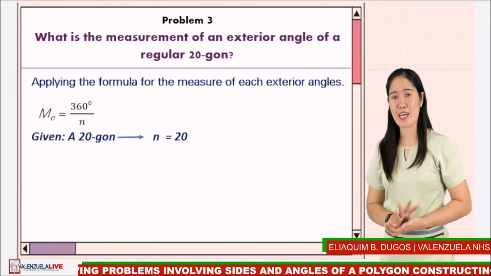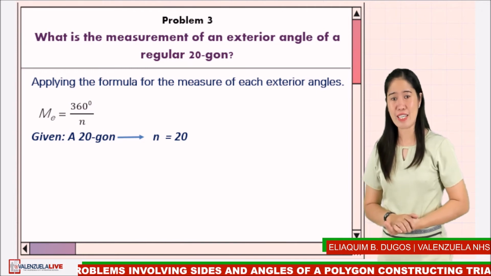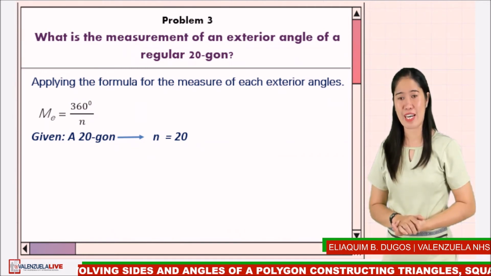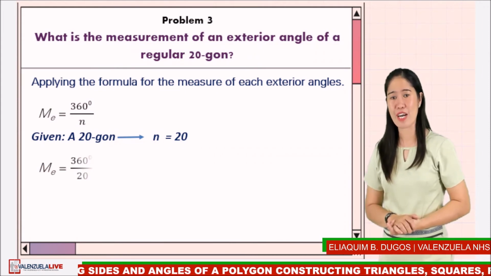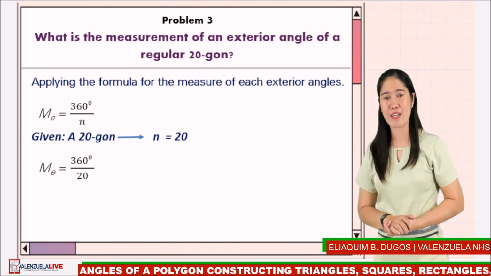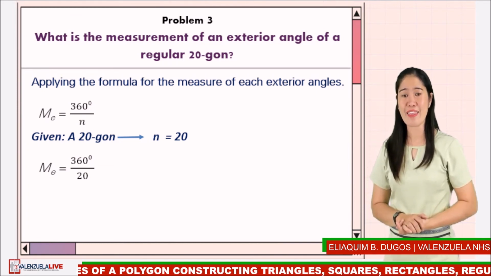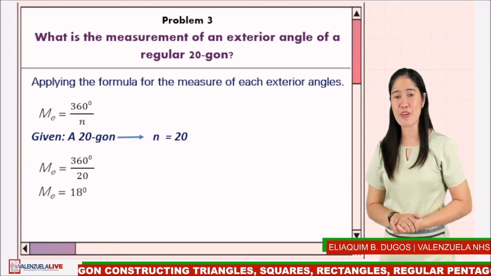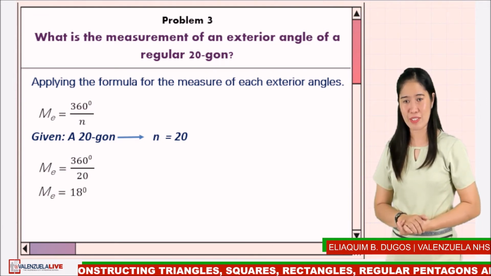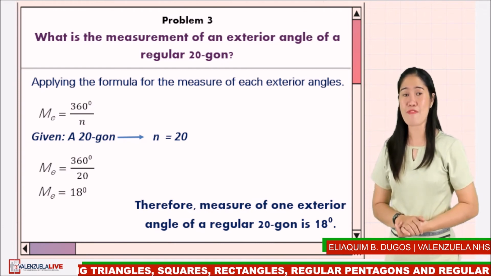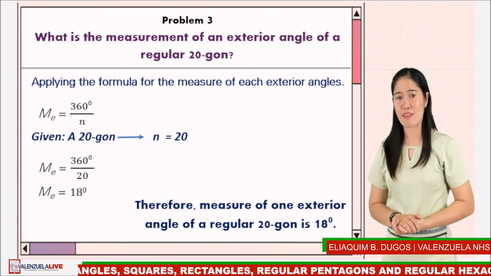Based on the given, the value of n is equal to 20, where n is the number of sides. Substitute the value of n to the formula. So we have the measure of the exterior angle is equal to 360 degrees divided by 20. So the measure of the exterior angle is 18 degrees. Therefore, the measure of each exterior angle of a regular pentagon is 18 degrees.